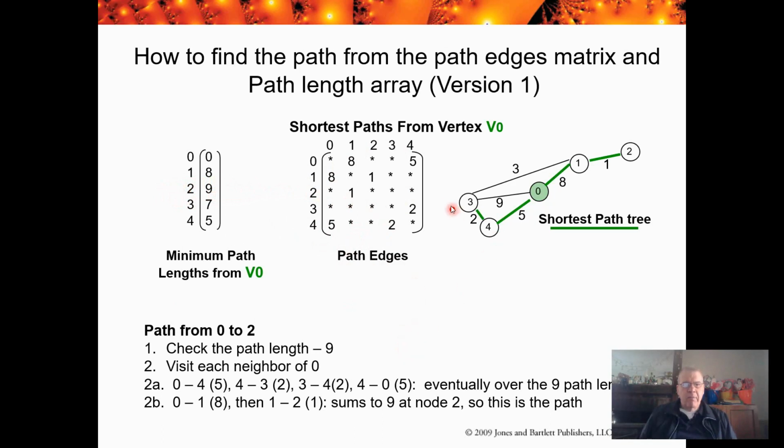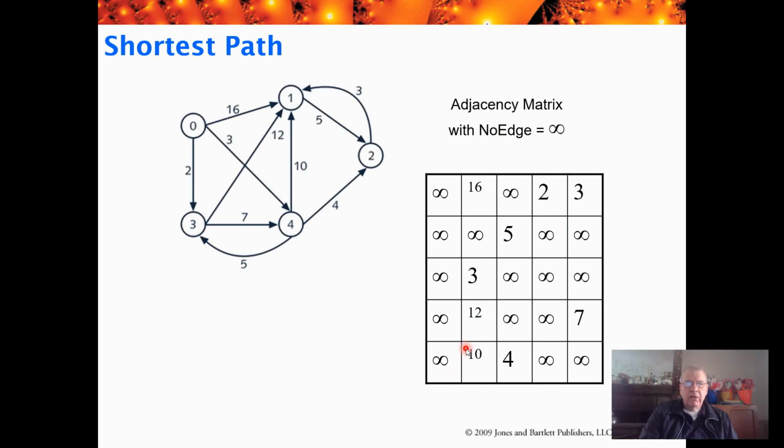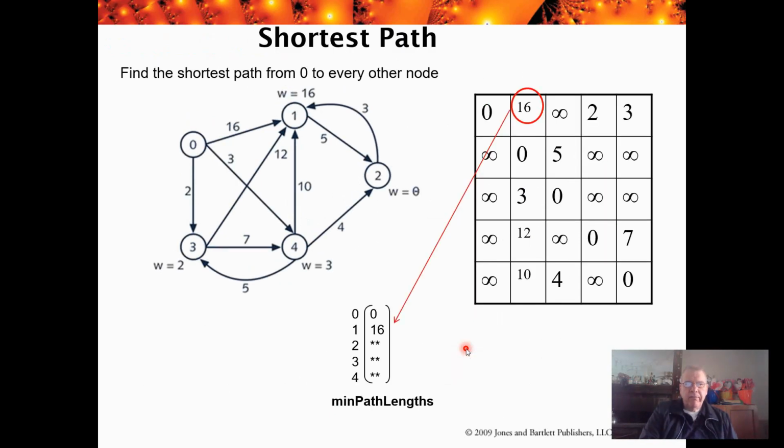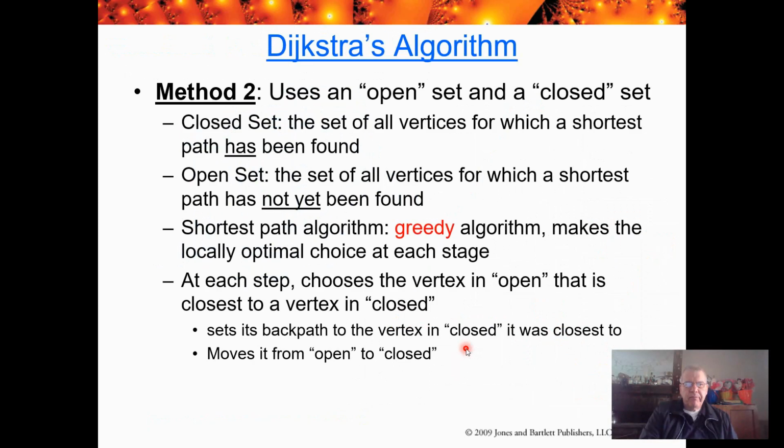So we visit each neighbor. 0 to 4 is 5, 4 to 3 is 2, 3 to 4 again is 2, 4 to 0 is 5. Eventually, we're over the 9 path length, so that's the path. This is one way of doing that. Okay, so that's method 1.